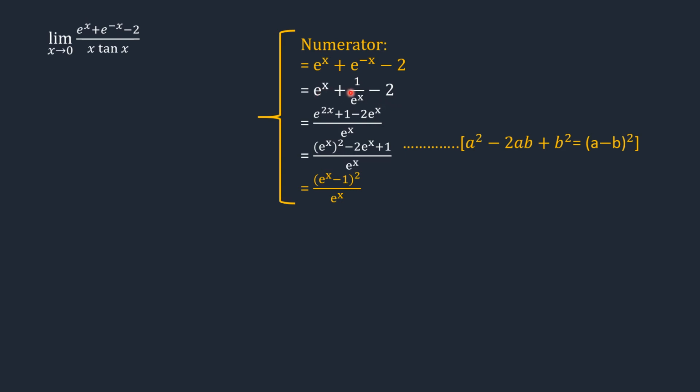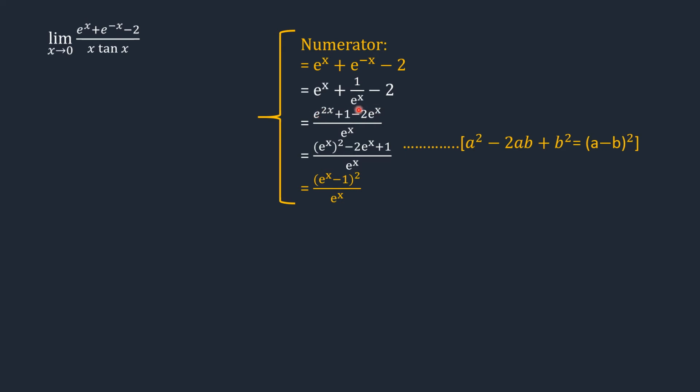So we will multiply each term here by e to the power x. So e to the power x multiplied by e to the power x will be e to the power 2x. e to the power x multiplied by 1 over e to the power x will be 1. And e to the power x multiplied by minus 2 will be minus 2 e to the power x.